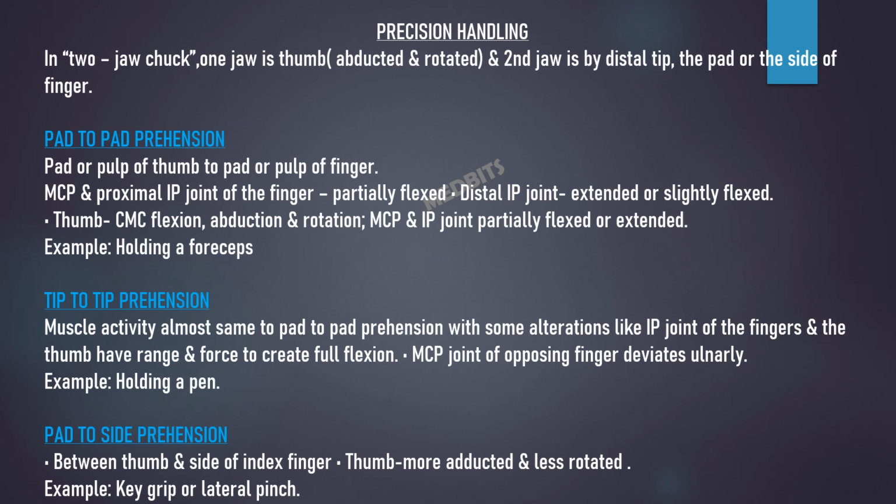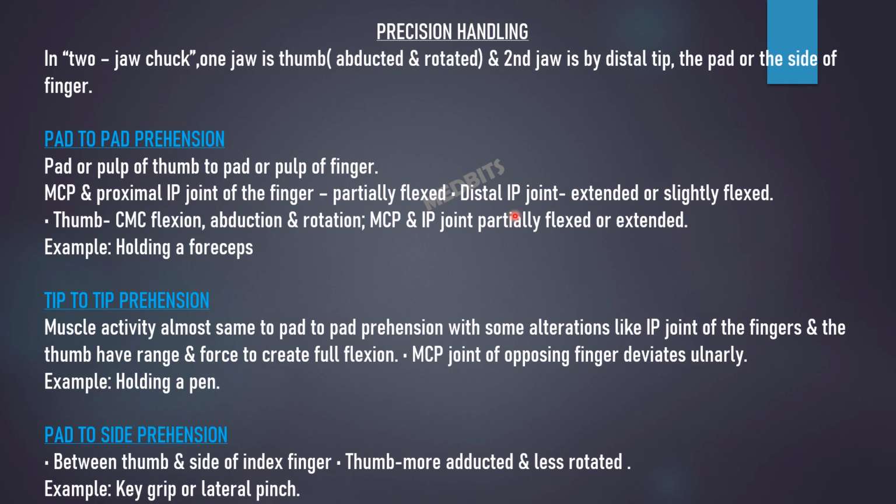Okay guys, now coming to the last topic of the video, precision handling. In the two-jaw chuck, one jaw is the thumb and the second jaw is the distal tip, the pad or the side of the finger. Next is pad to pad prehension: the pad or pulp of the thumb to the pad or pulp of the finger. The metacarpophalangeal and proximal interphalangeal joints of the finger are partially flexed.